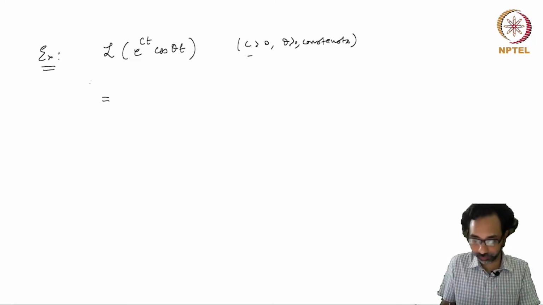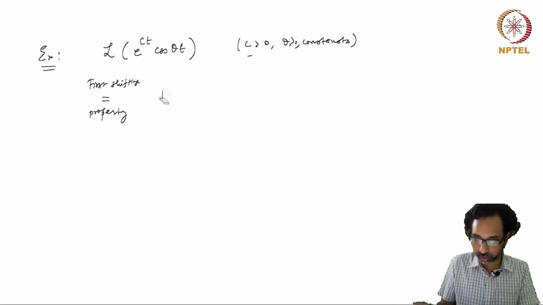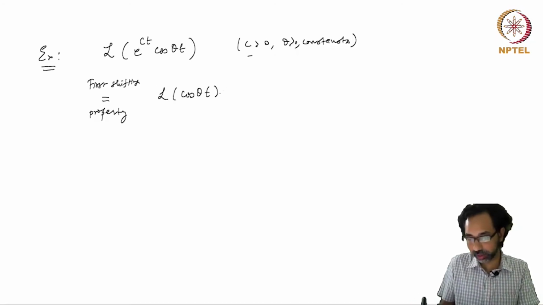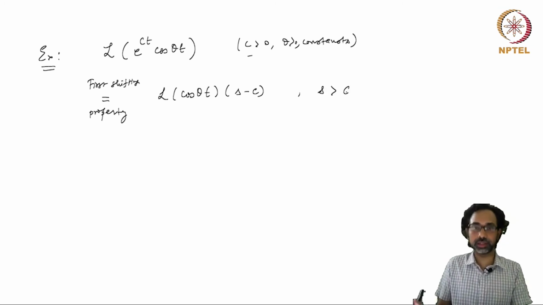By the first shifting property, this is nothing but the Laplace transform of cos of theta t applied at the point s minus c, and this is defined for s greater than c.